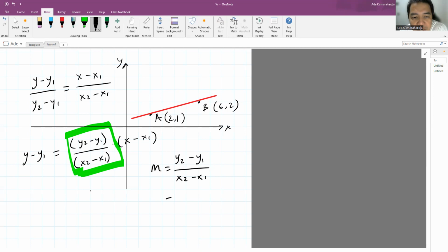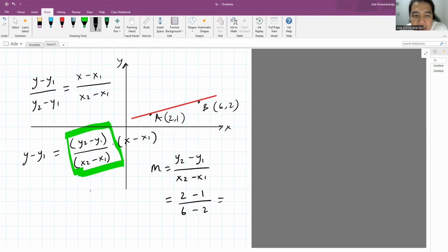In this case, you can just plug in these numbers. For example, this is second point B, so the y of that point is 2, minus ya, and then you divide by xb minus xa.